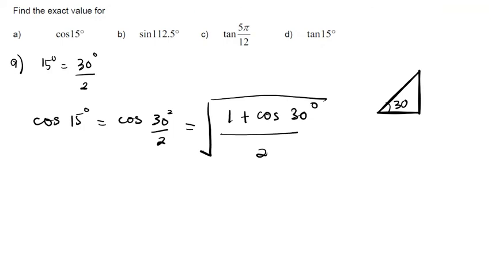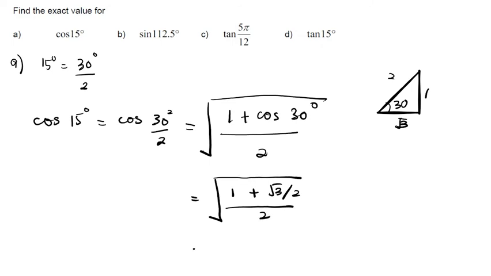You must remember the equilateral triangle for 30 degree. This one should be 1, 2, and square root of 3. So we get 1 plus square root of 3 over 2, over 2.